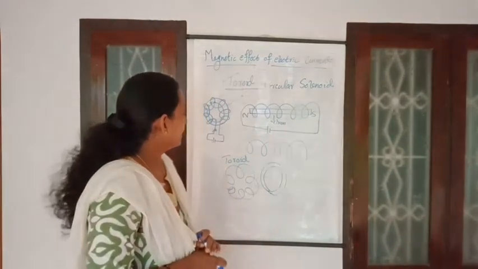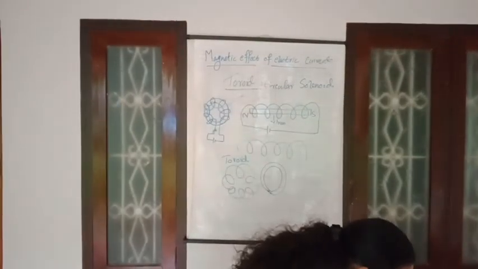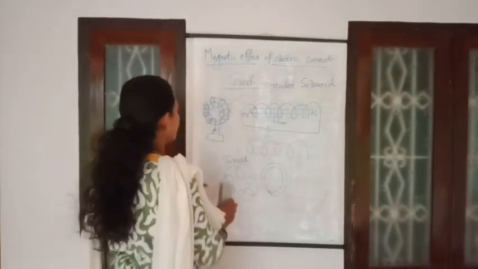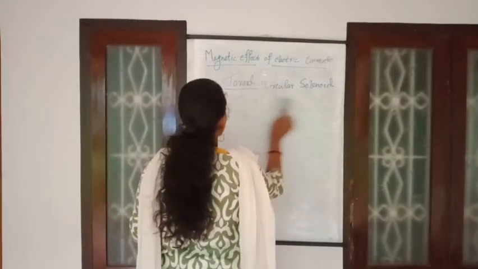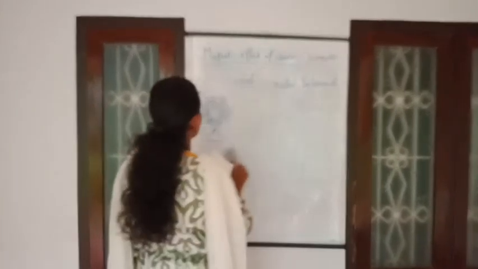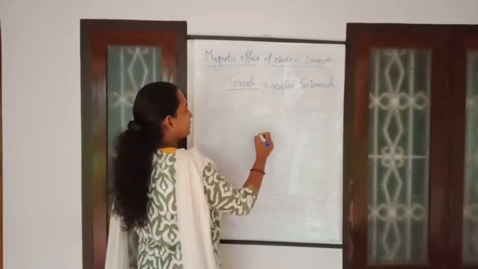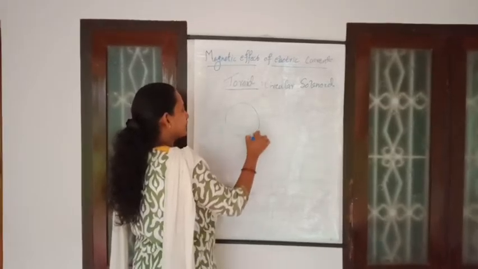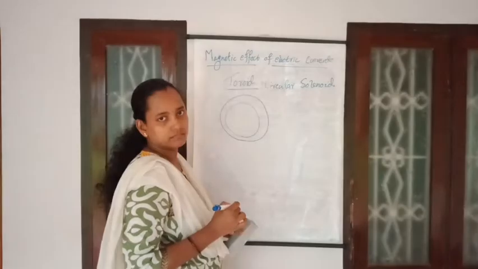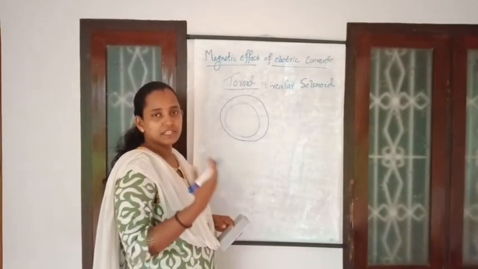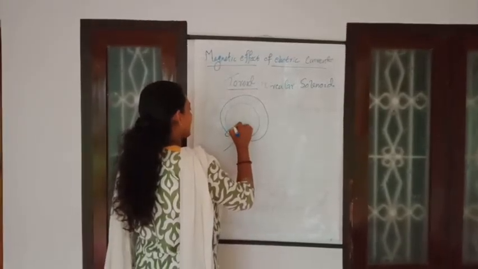Okay, next we want to find the magnetic field produced by a toroid. So we know that a toroid is a circular solenoid. So we can consider a cylindrical magnetic material, that means any material which can get magnetized and over which we can wind the coil like this.